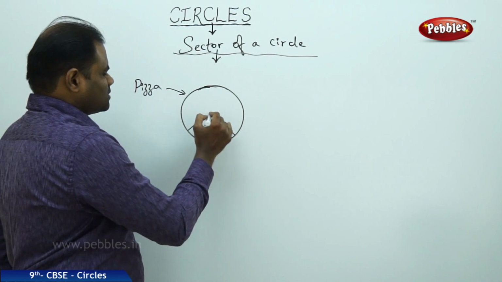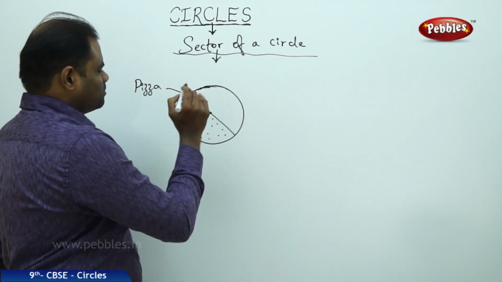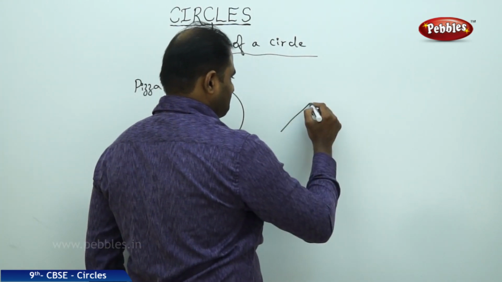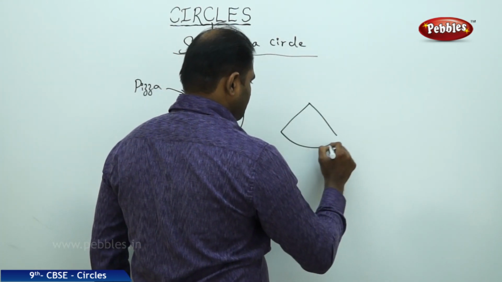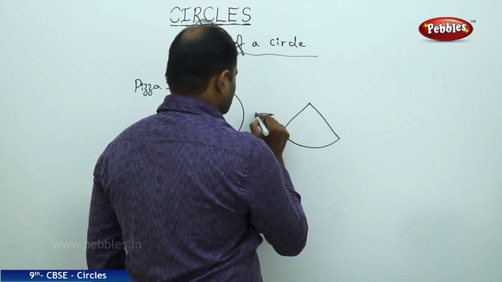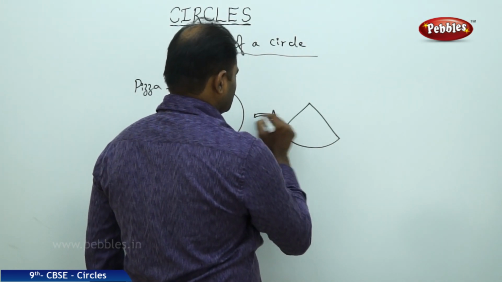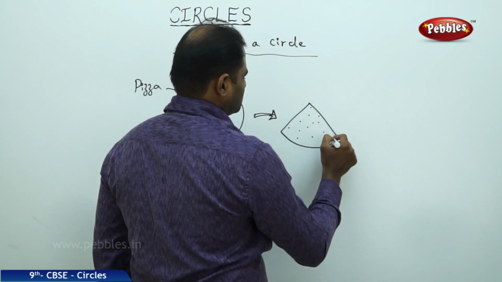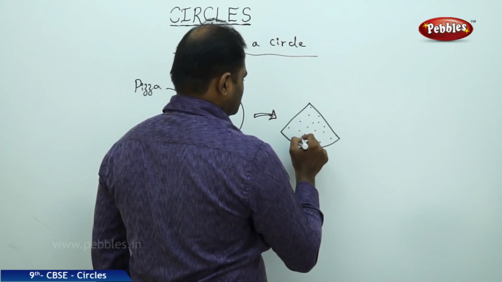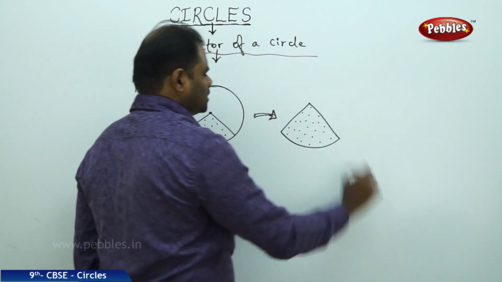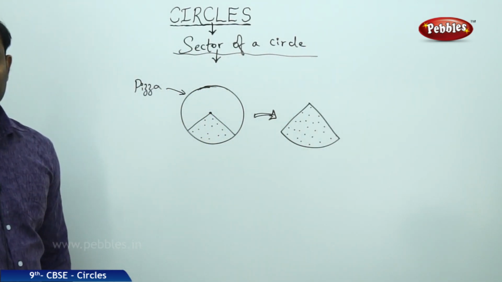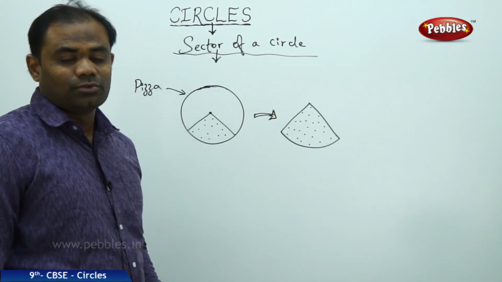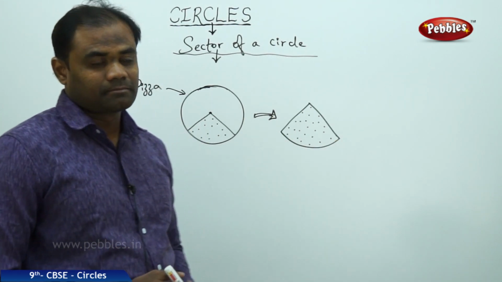So this is the piece of the pizza which I cut out there, and thus I obtain a piece of pizza out here. So this is the piece of the pizza through which I define a sector.